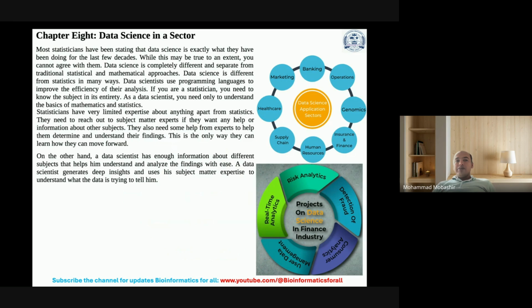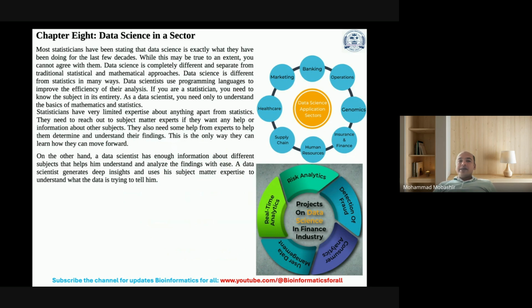Statisticians have very limited expertise about anything apart from statistics. They need to reach out to subject matter experts if they want any help or information about other subjects. They also need help from experts to determine and understand the findings. This is the only way they can learn how to move forward.